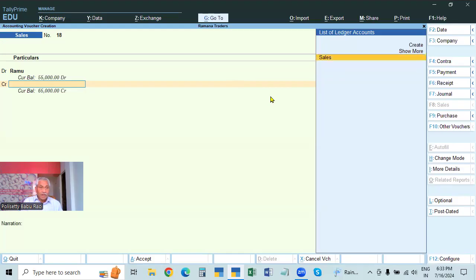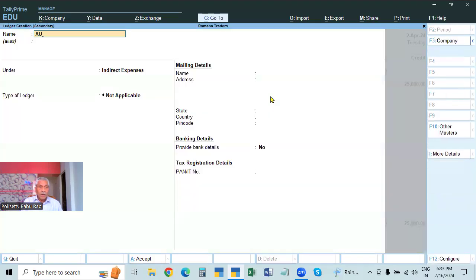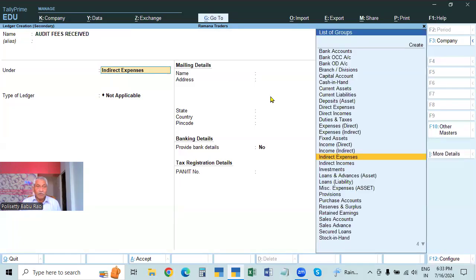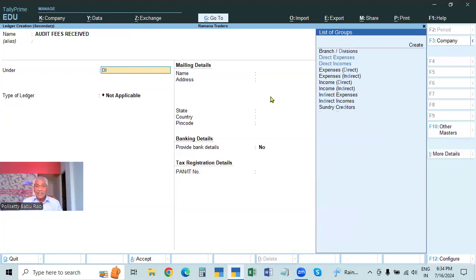So we have to create the account, audit fees received. We receive later, that is the account. So it is income to the auditor, but there are no goods. So all fees received for any service is direct income. So we take just direct income.